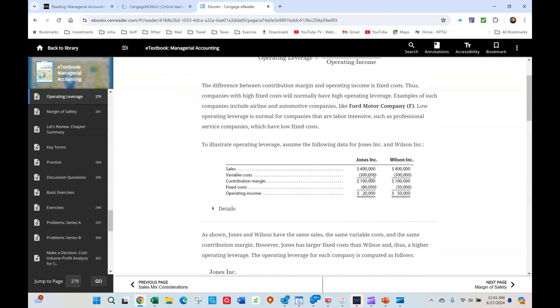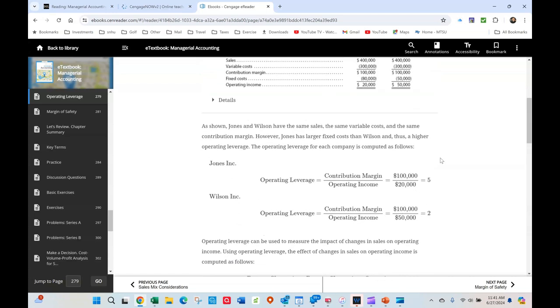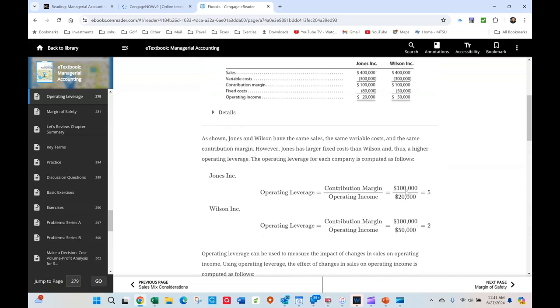And you can see here, same sales, variable costs are the same, but because the fixed costs are higher, Wilson Company's profit is more. And so here's the operating leverage. So for every dollar of revenue, you're making, or your operating leverage is 5.